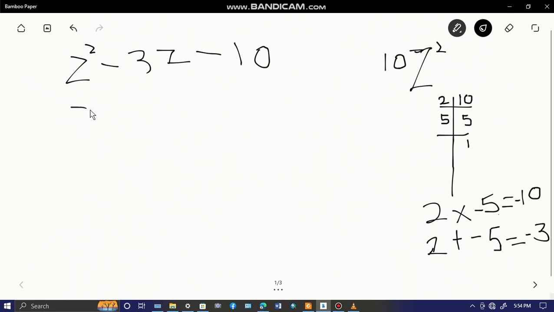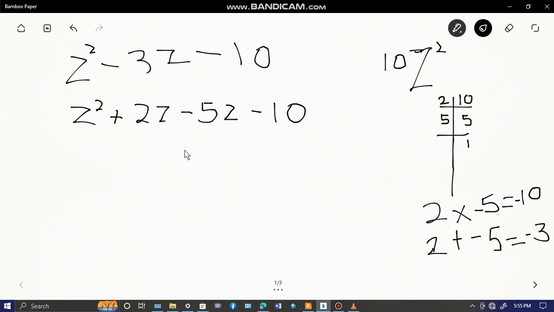So basically you have z squared, or rather plus, the 2 is positive, plus 2z minus 5z minus 10. If you have rewritten the middle term into two terms, you can now continue with the process of creating brackets.